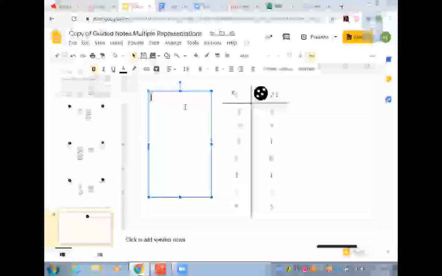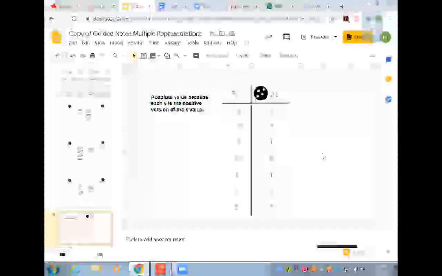They're all positive when compared to the x value. Any questions there looking at patterns in a table?